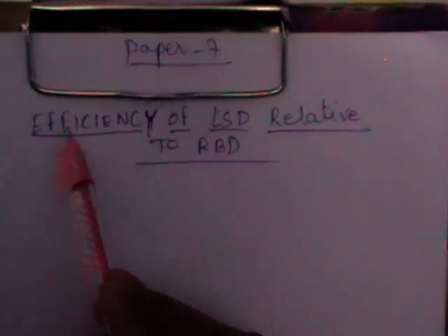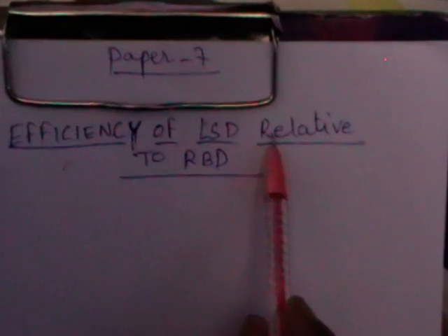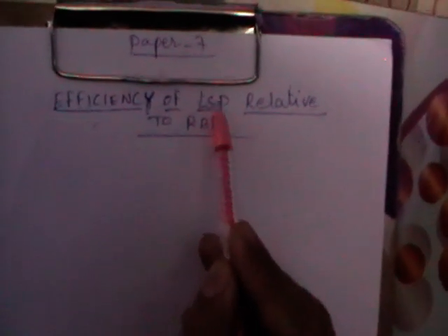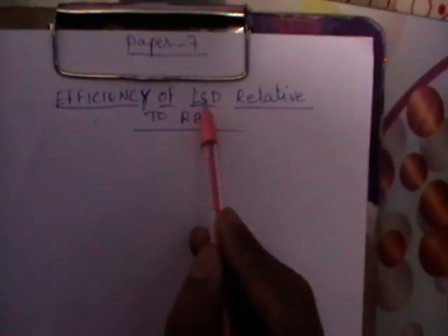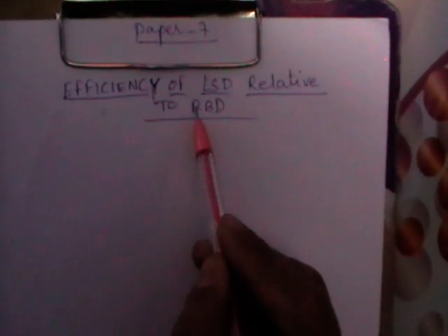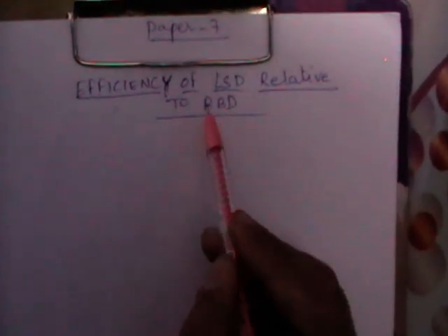Today I am going to discuss the next topic, efficiency of LSD related to RBD. You know what is LSD and RBD. LSD is Latin square design, where we have three factors influencing, and RBD, which is nothing but randomized block design, where we have two factors influencing.